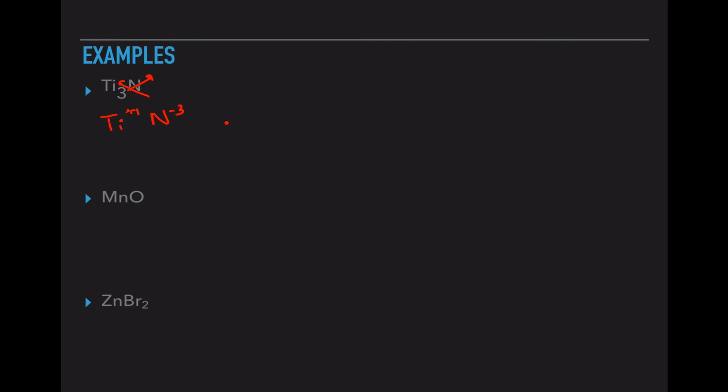So we checked, and that oxidation number is correct. So we're going to rewrite the name: titanium, 1 in parentheses, because our oxidation number here is 1 and we have to signify it, and nitrogen turns into nitride, just like normal.